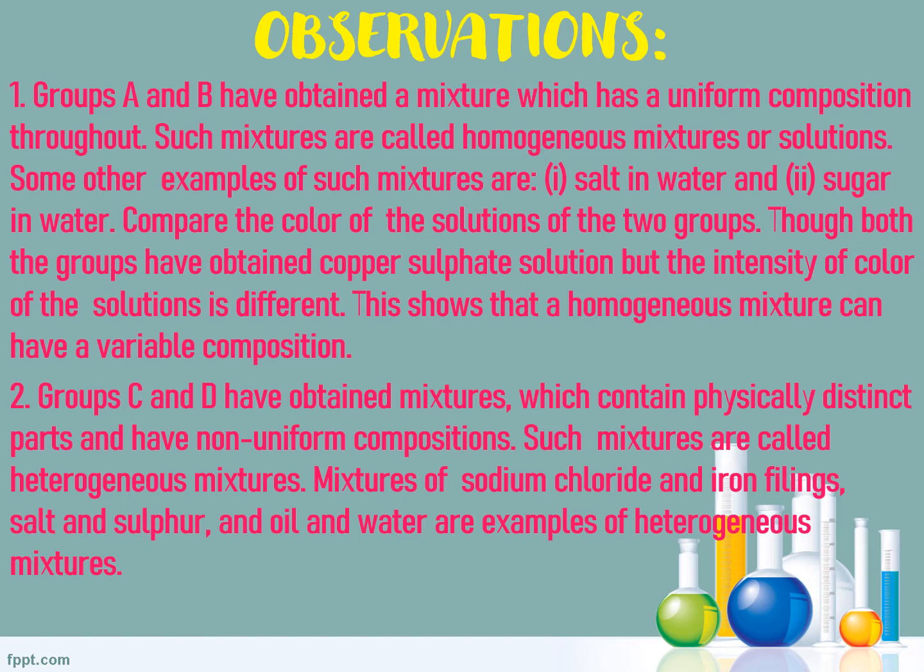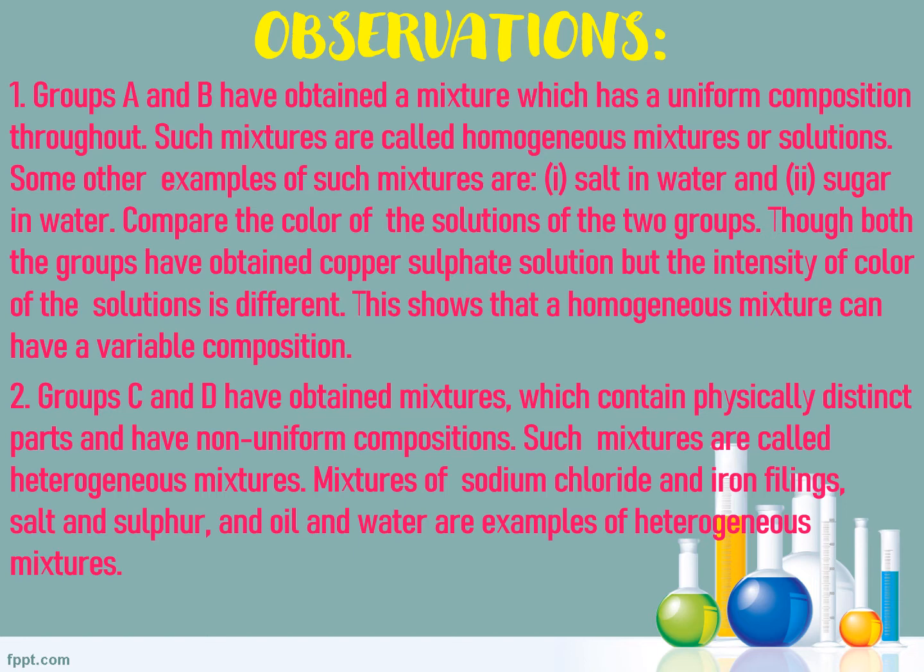So they have obtained a mixture which has a uniform composition throughout. Such mixtures are called homogeneous mixtures or solutions. Some other examples of such mixtures are salt in water and sugar in water.